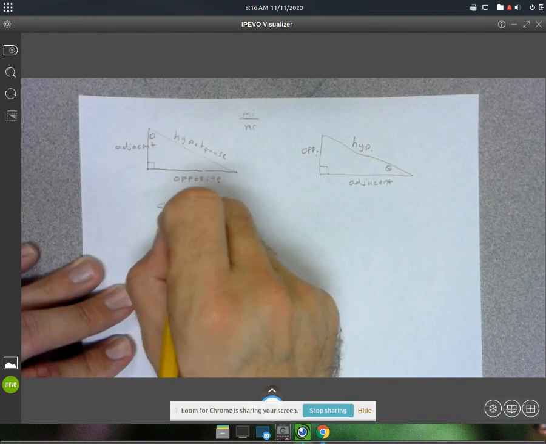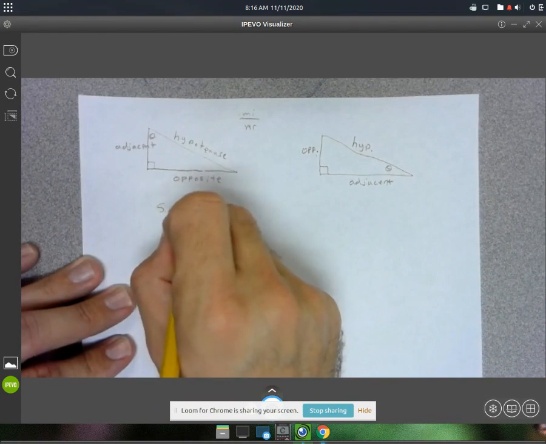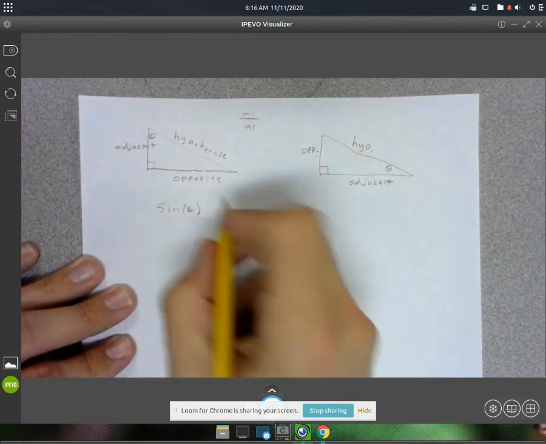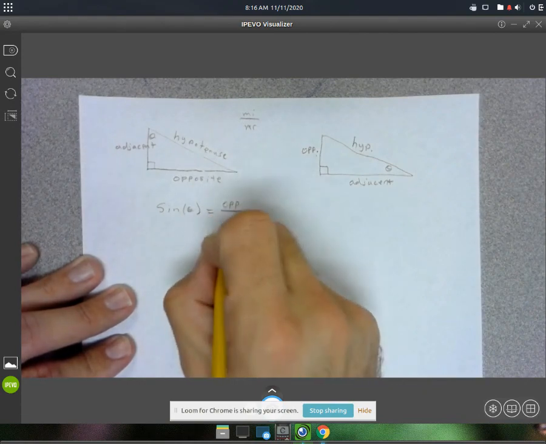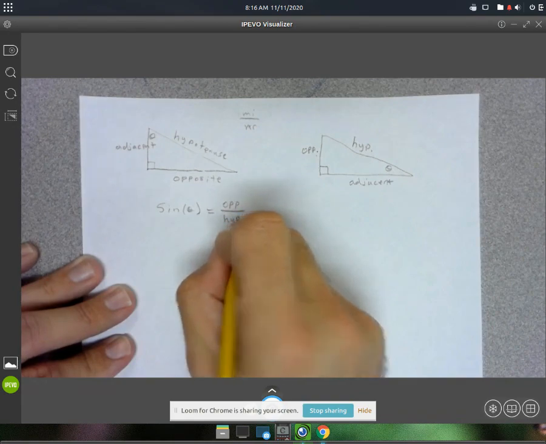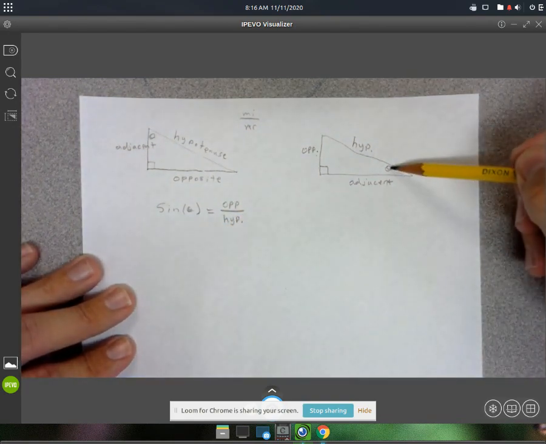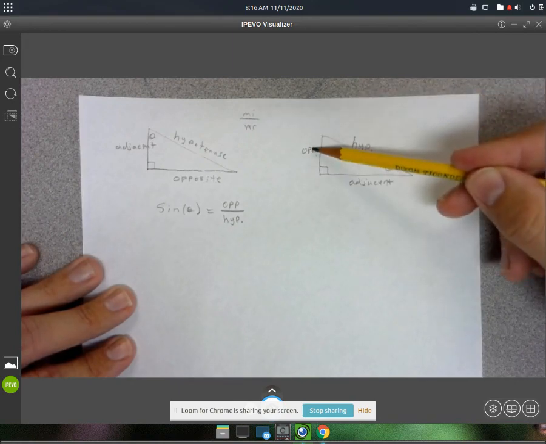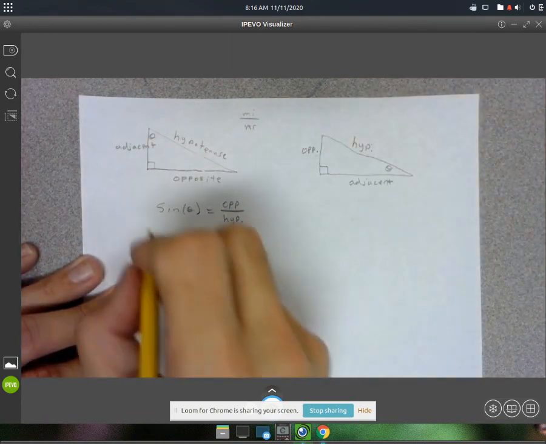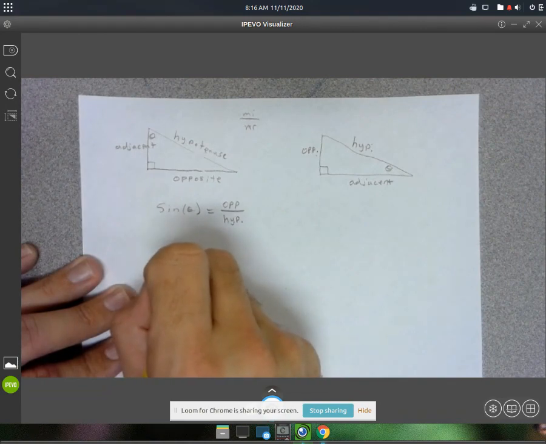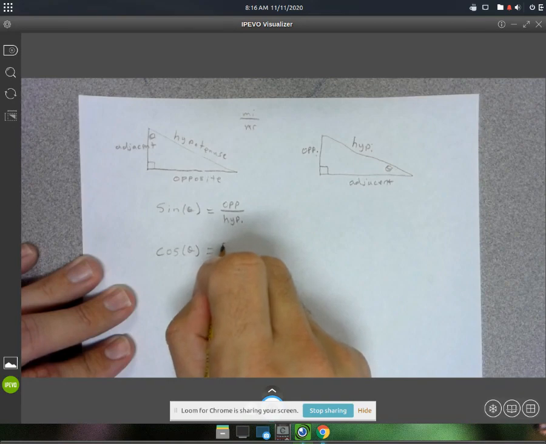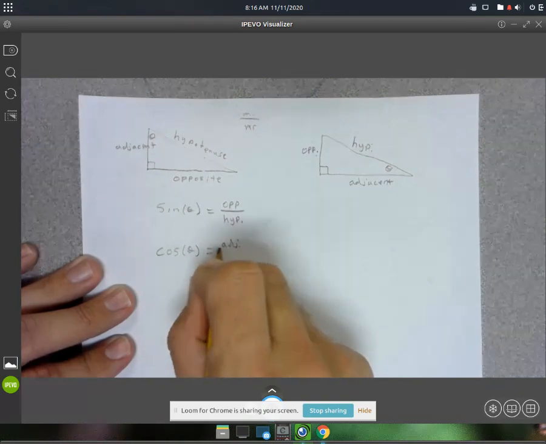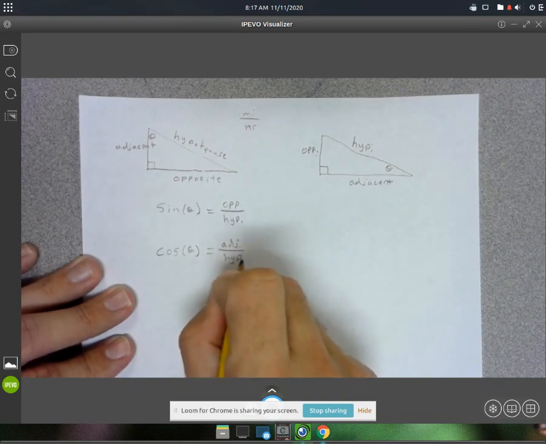So sine of theta, or just sine in general, is defined to be the opposite over the hypotenuse. If we were at this angle, sine of that angle would be whatever this is over whatever that is. Cosine is defined as adjacent over the hypotenuse.